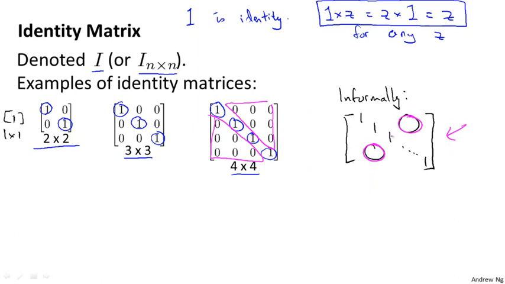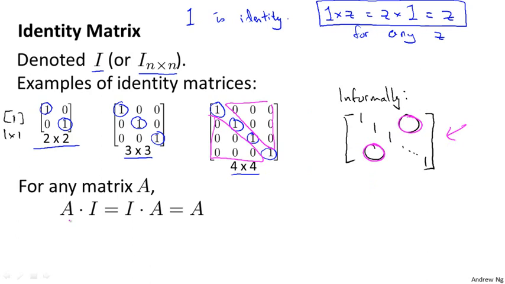So this is just how I might sloppily write the identity matrix. It turns out that the identity matrix has the property that for any matrix A, A times I equals I times A equals A. That's a lot like the equation we had up here: 1 times z equals z times 1 equals z itself. So I times A equals A times I equals A. Just to make sure we have the dimensions right: if A is an m by n matrix, then this identity matrix here is an n by n identity matrix.